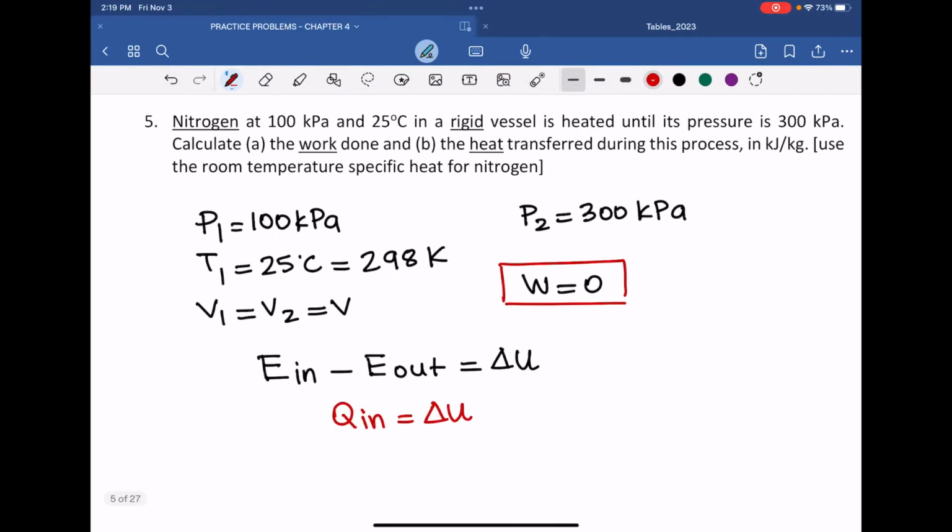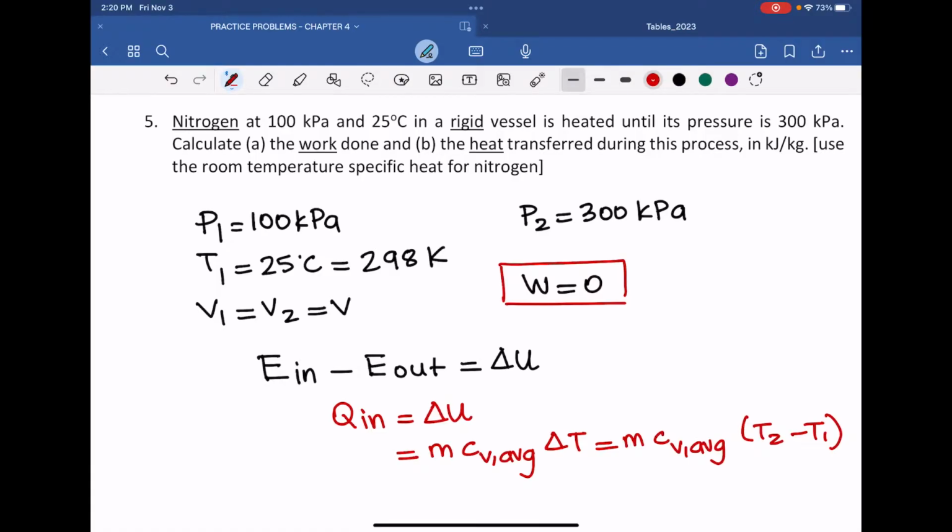Now when we are dealing with an ideal gas other than air, if it's nitrogen, instead of delta U, what I can do is write down mass times CV average times delta T, and delta T being, of course, T2 minus T1.